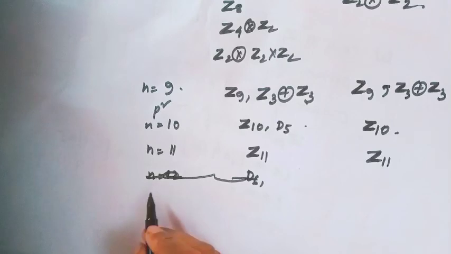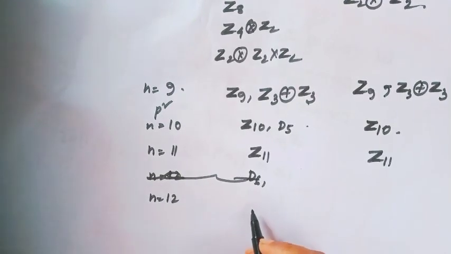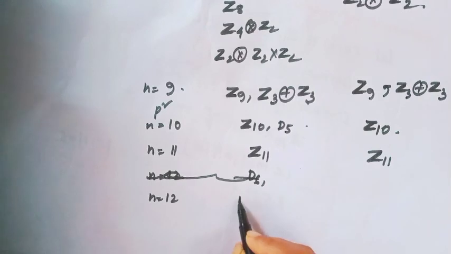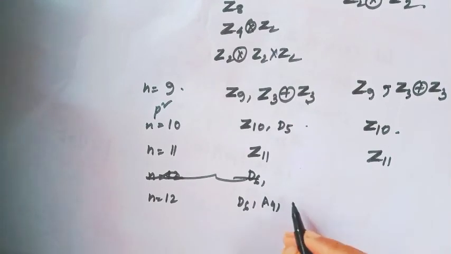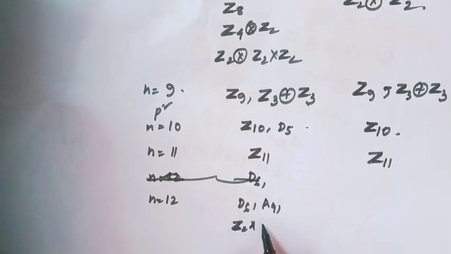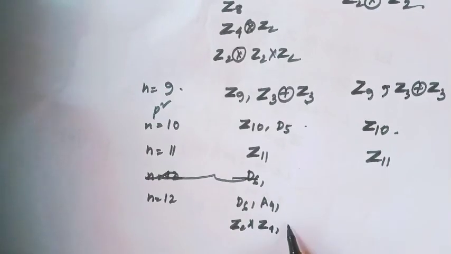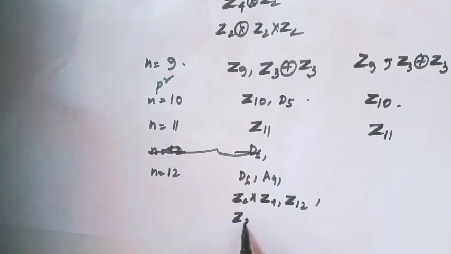And for n equal to 12, there exist 5 possibilities. One D6, other A4, other Z3 semi-direct product Z4 and 2 abelian groups Z12 and Z2 direct product Z6.